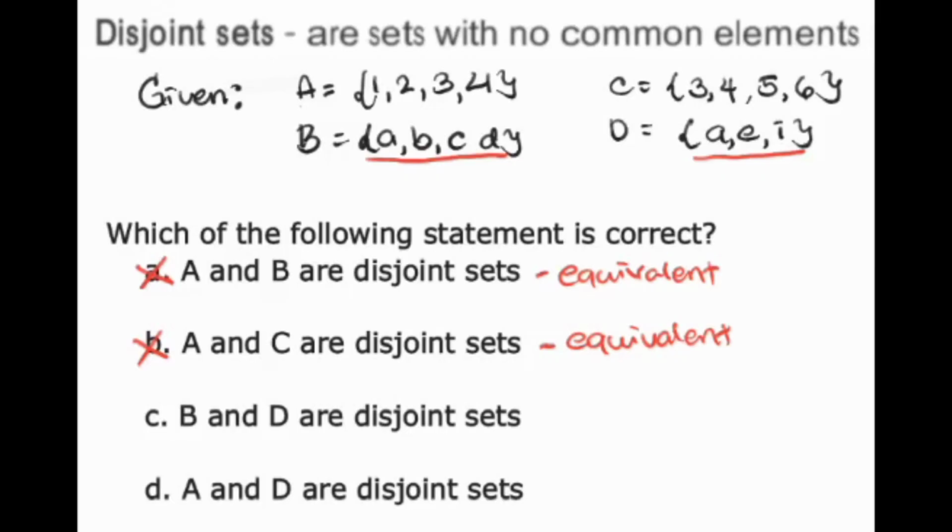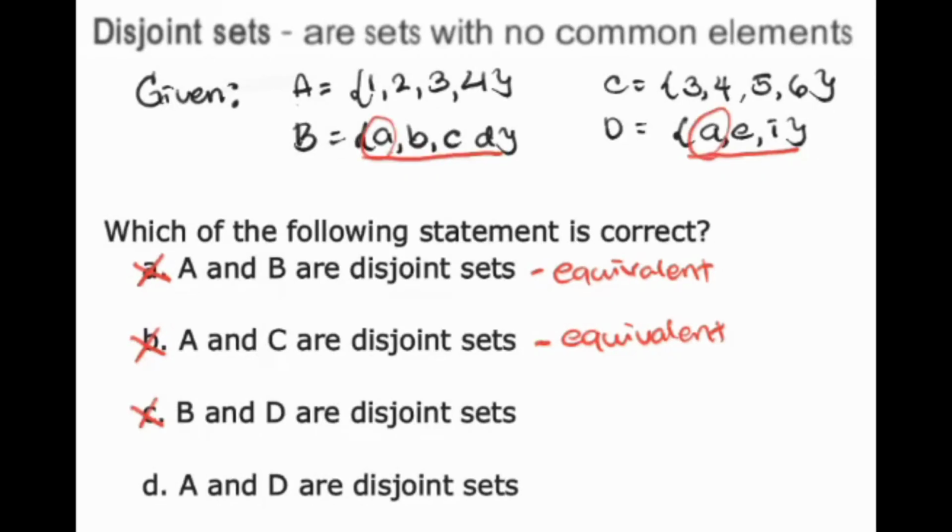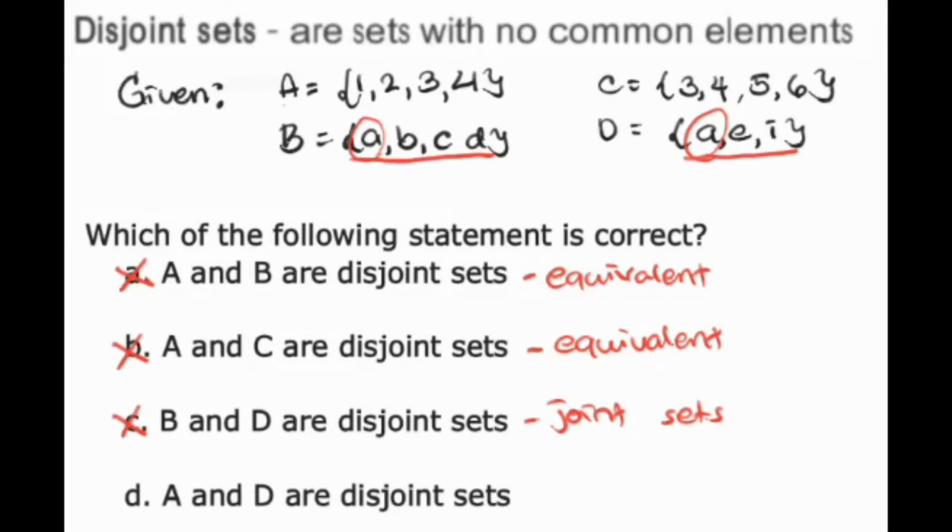So, kung mapapansin nyo, they have common elements. So, kapag common elements, it means hindi siya disjoint. So, letter C, hindi siya disjoint, but the relation is joint sets. So, hindi rin po, ika-cross out din natin yung letter C.